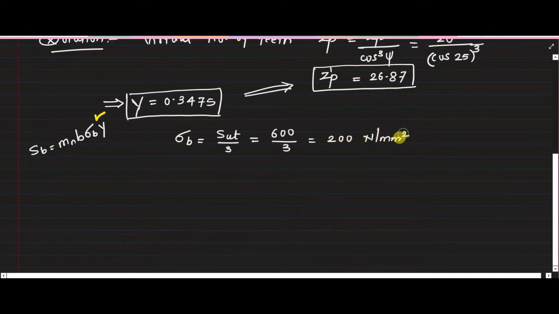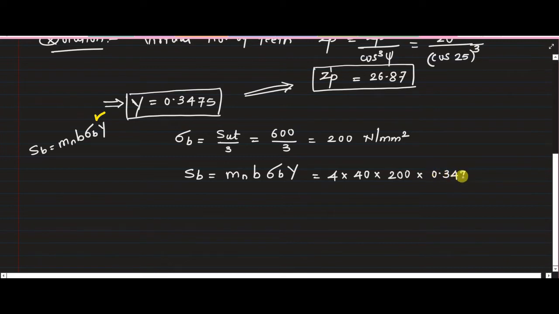Then the value of B, the face width, has already been given. So now we can proceed with the value of SB. So that is Mn B sigma B Y. So I will again put down the formula here. Mn is 4 mm, B is 40, then sigma B we have just calculated, that is 200, and capital Y is 0.3475.